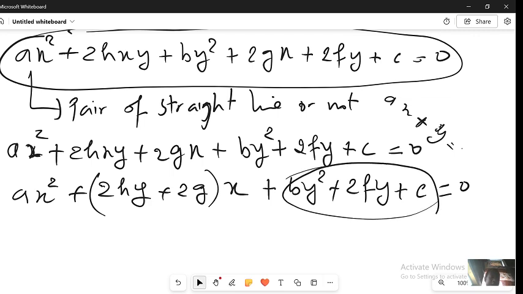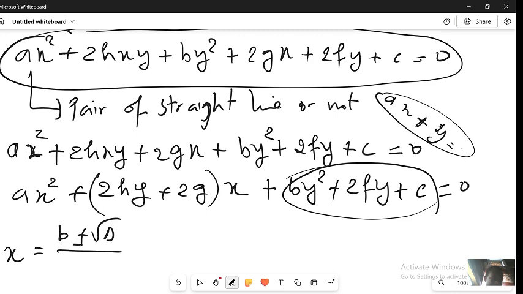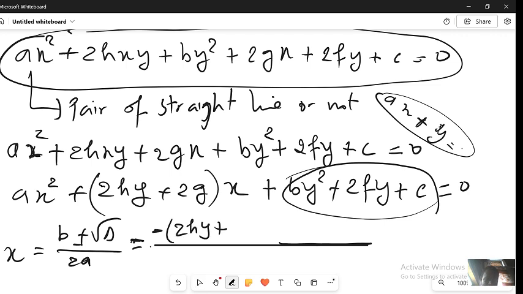Now I want to find the value of x with respect to y, so that I can get this general equation. We know if I have a polynomial of second order, I will find x equal minus b plus or minus the square root of delta over 2a, and we know the value of delta, so I will have x equal minus b. This one is my b, so it's going to be minus (2hy plus 2g) plus or minus the square root of delta.